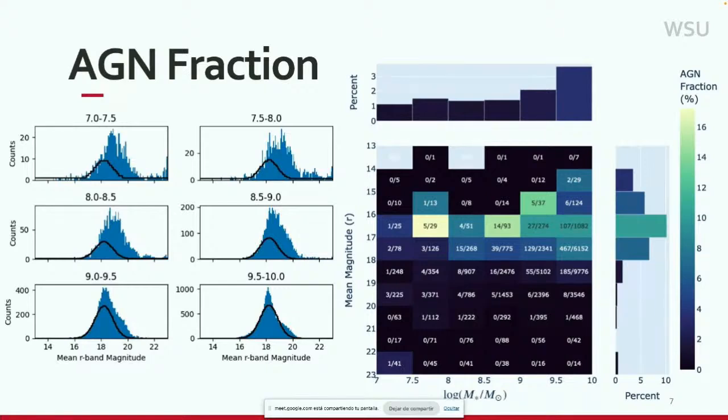We fit a Gaussian. So first, we split all of the masses into mass bins at about half a dex, and we went to the heaviest bin, 9.5 to 10, and we fit that distribution of the magnitude to a Gaussian. That's the bottom right corner on the left.